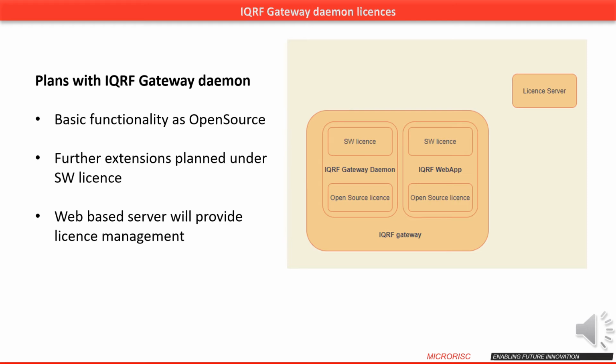Licensing arrangements are being worked out. Licensed will be components for working with multiple connectors or bridges, also collection of data from Iqrf sensors, analysis, alarms, and possible transformation of data to different formats.